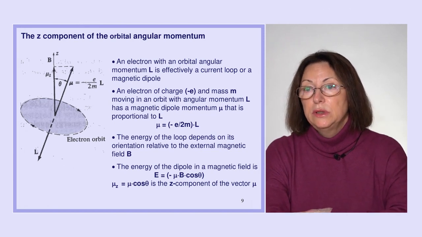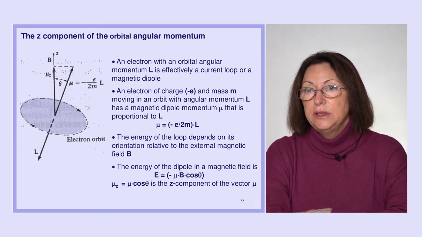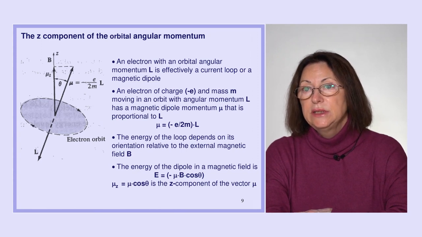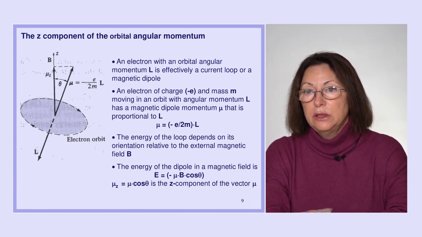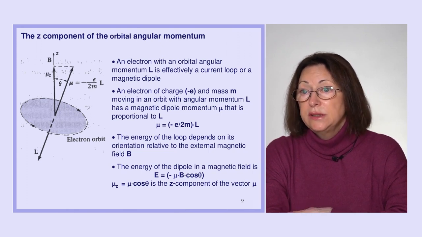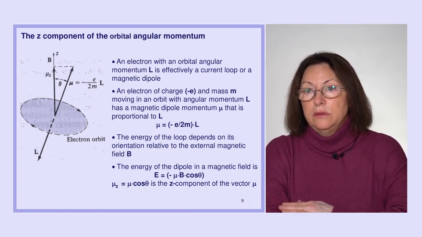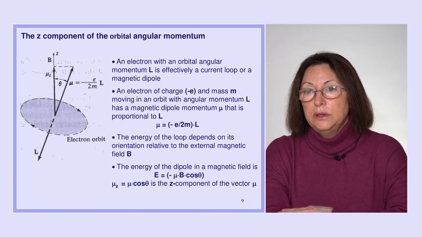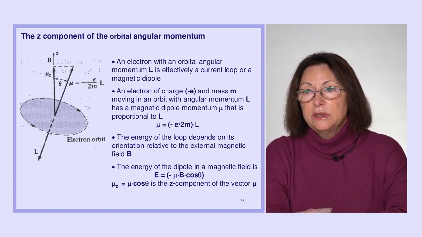When we talk about an electron that is orbiting in the atom, this looks like a loop carrying electric current, because the electron is an electrical charge that goes along the trajectory, along the orbit in the atom in only one direction.